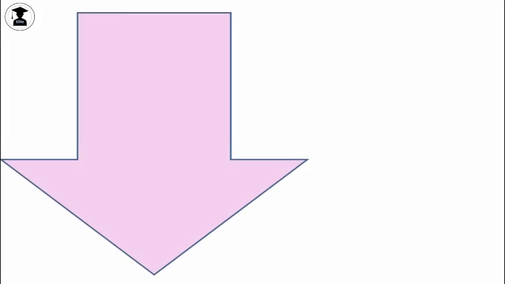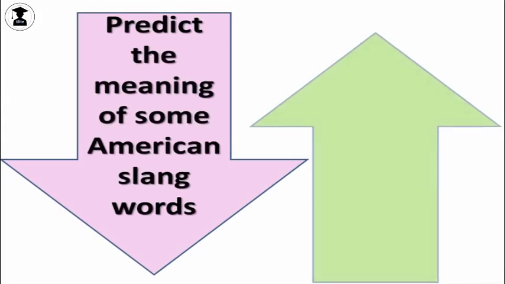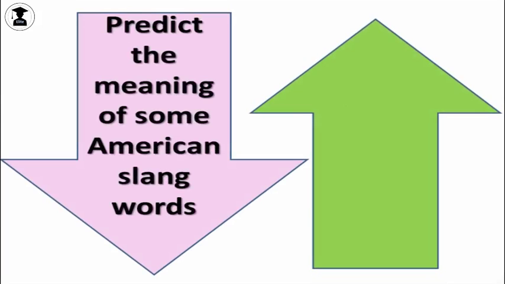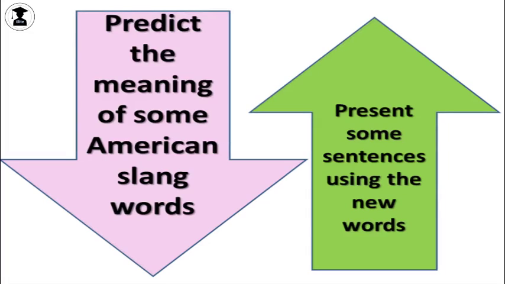Moreover, you will be able to predict the meaning of some American slang words. And finally, you will be able to present some sentences using the new words. You are going to invent sentences using the new words you have already studied.